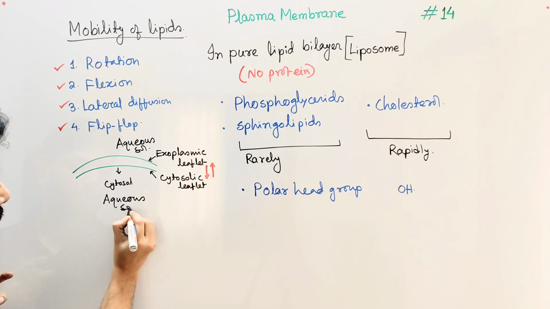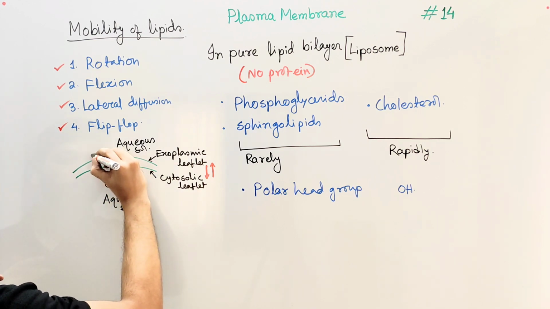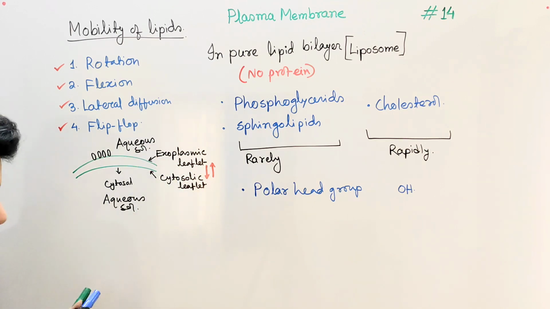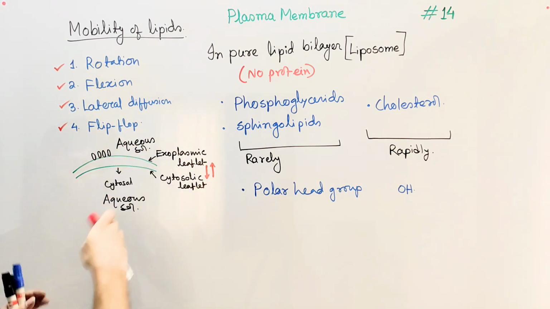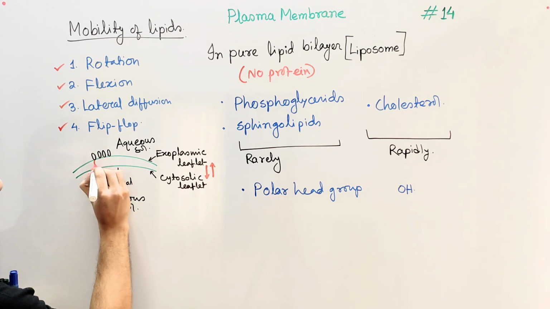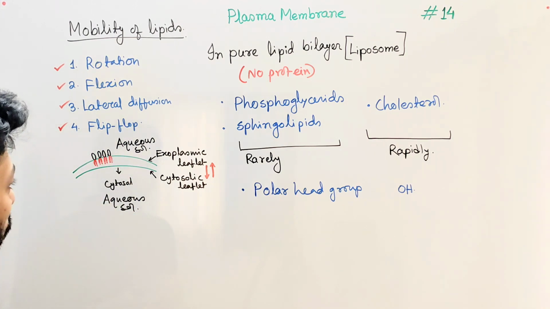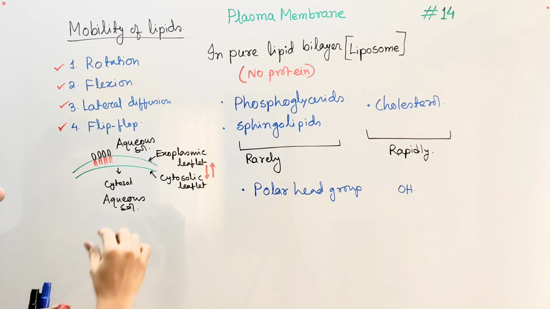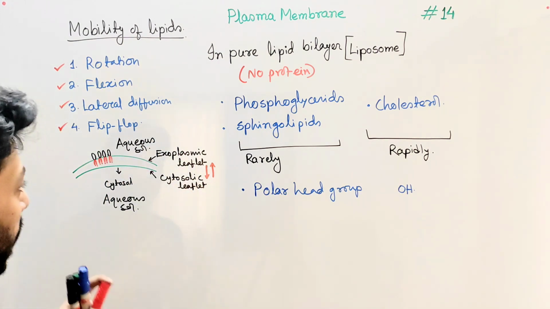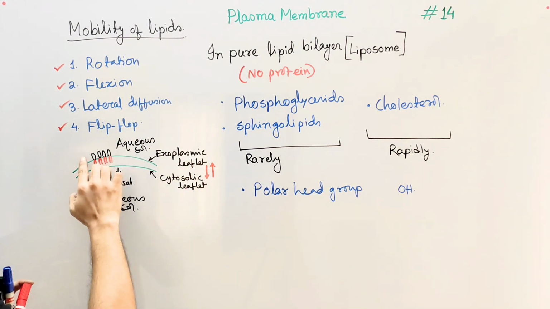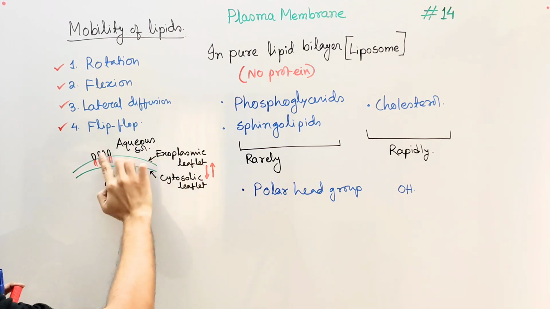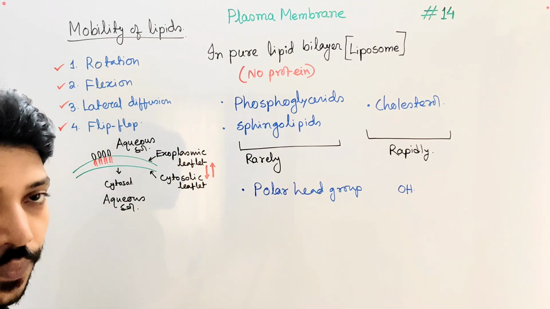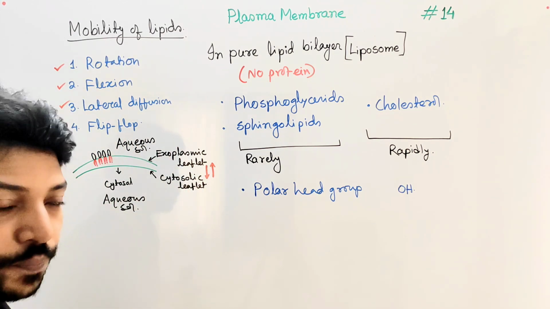Now the polar molecules actually interact with these aqueous solutions, but the inside of these 2 layers actually contains the fatty acids that are non-polar in nature. So this inner side is non-polar and the outer side is polar. So the polar head group can interact easily with aqueous solutions, because aqueous solution is polar in nature also.